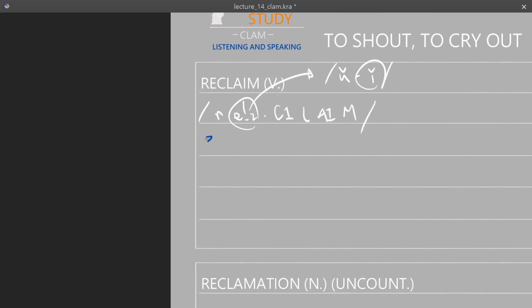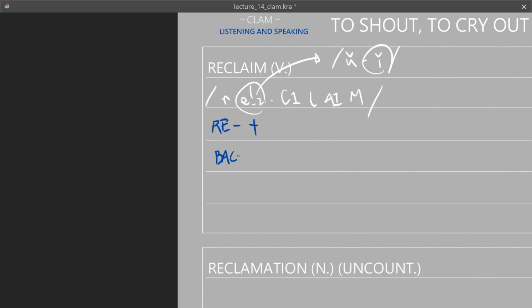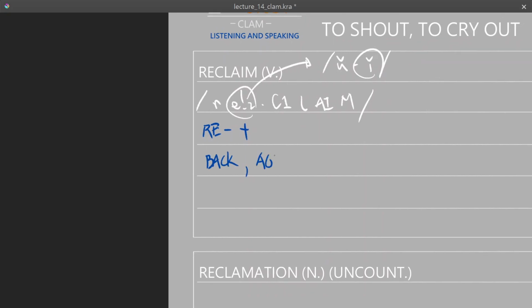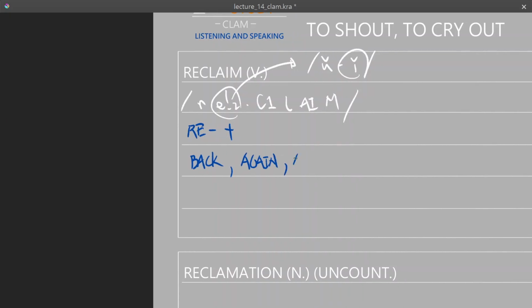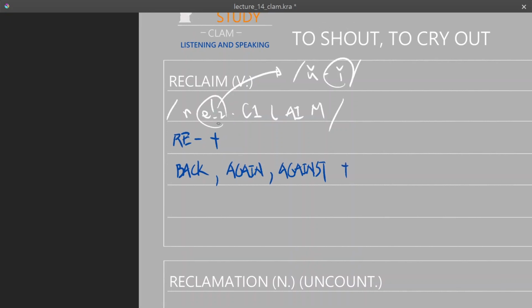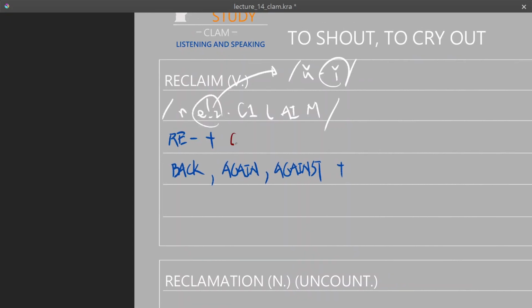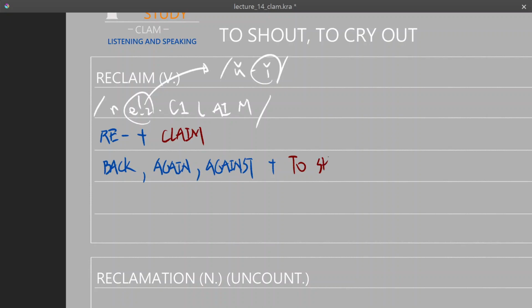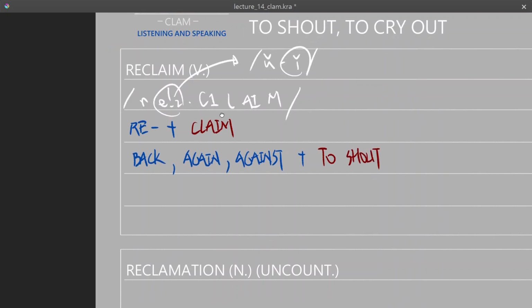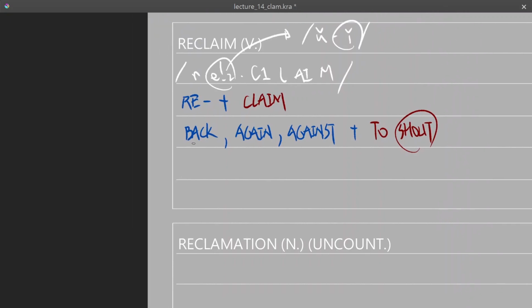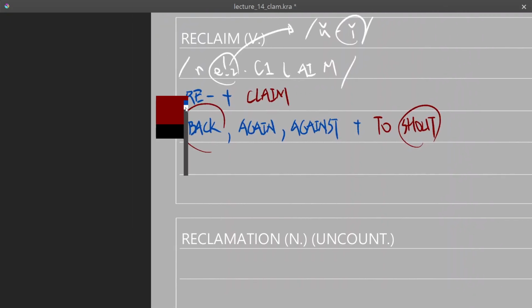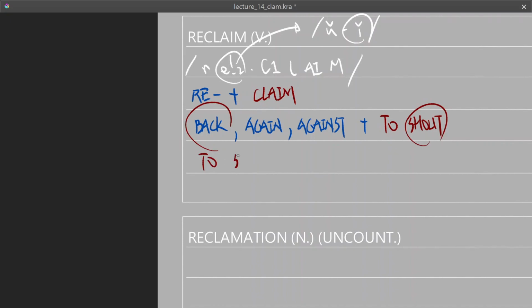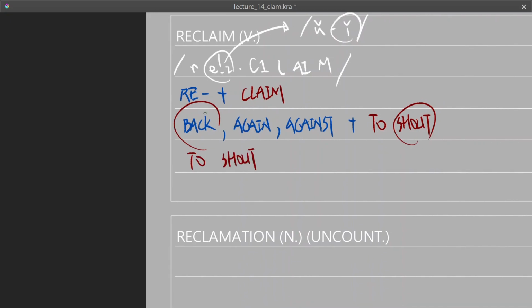So we have the prefix re, meaning back, again or against. And we have the root claim, meaning to shout. So reclaim literally means to shout something back. So to shout what? To shout what kind of thing specifically?